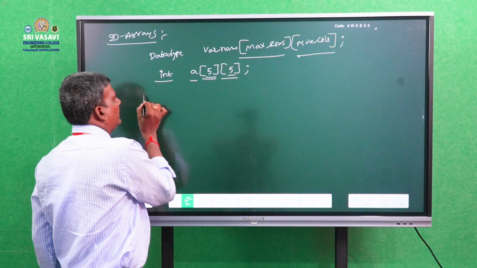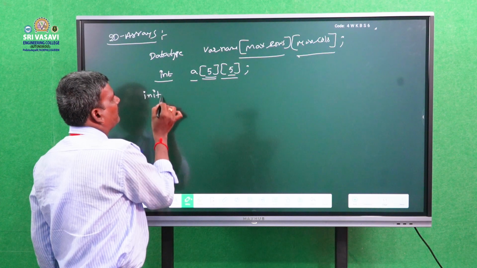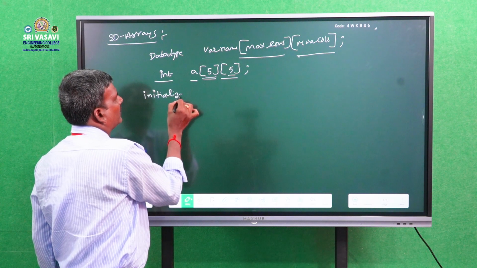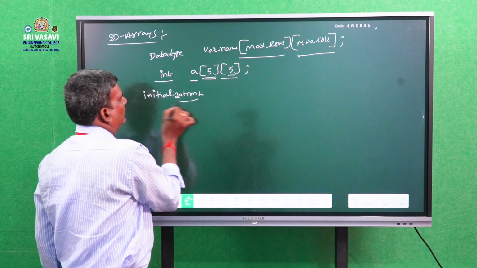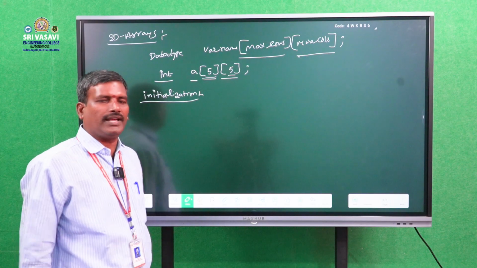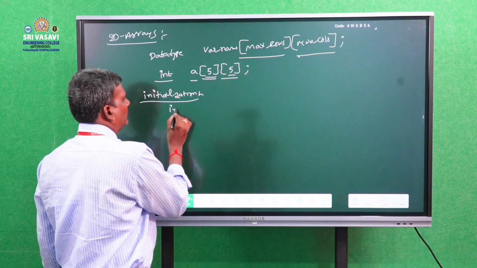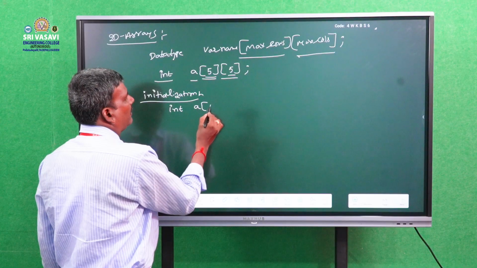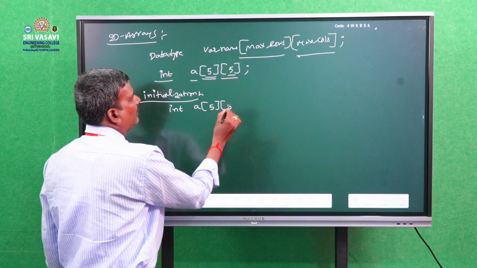Now, initialization of a 2D array. How to initialize a 2D array? int a[5][5].